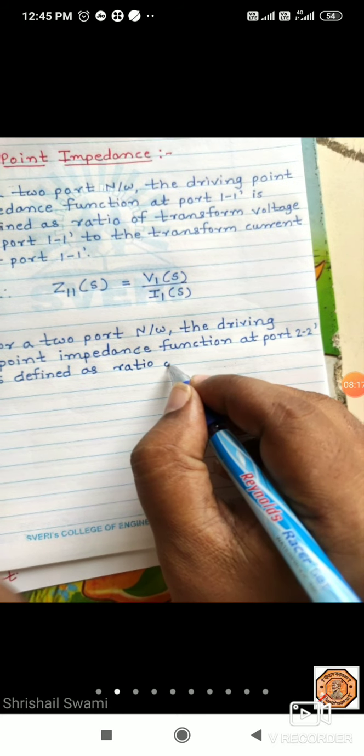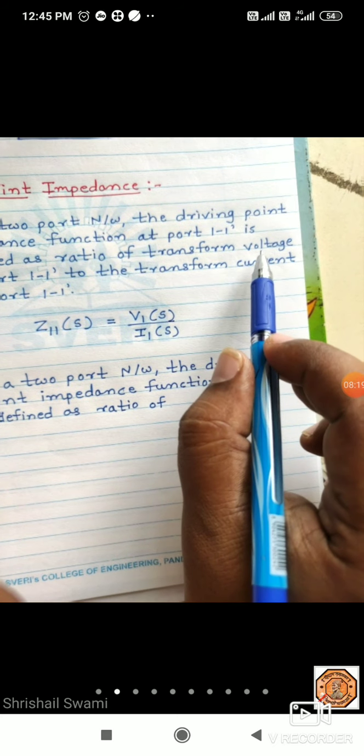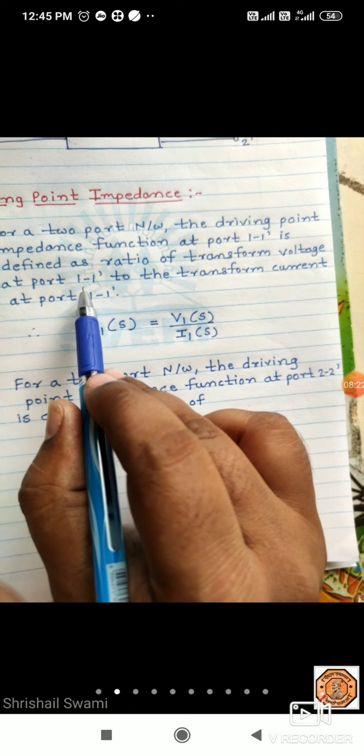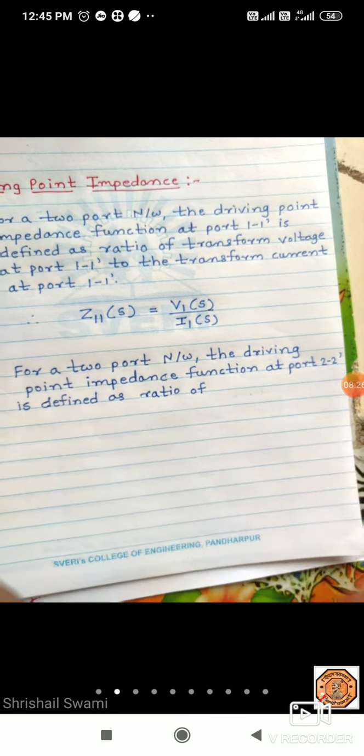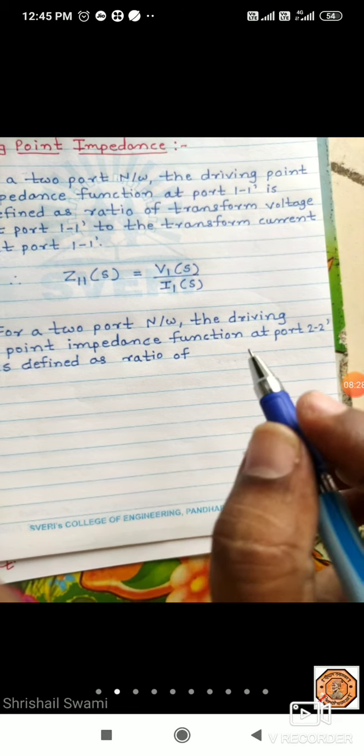Ratio of, what will come now, only transform voltage at port 2 dash to the transform current at port 2 dash. Okay, only this much will get changed.